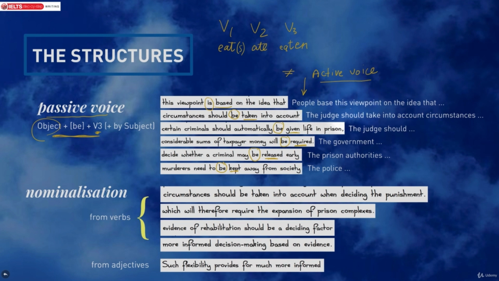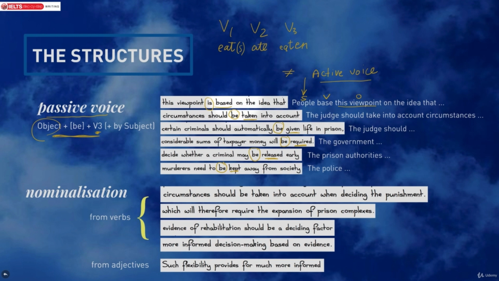So people base this viewpoint on the idea that, so the subject is people, the verb is base, and the object is this viewpoint. So English is an SVO language, like many languages, subject, verb, object. Most European languages are SVO.